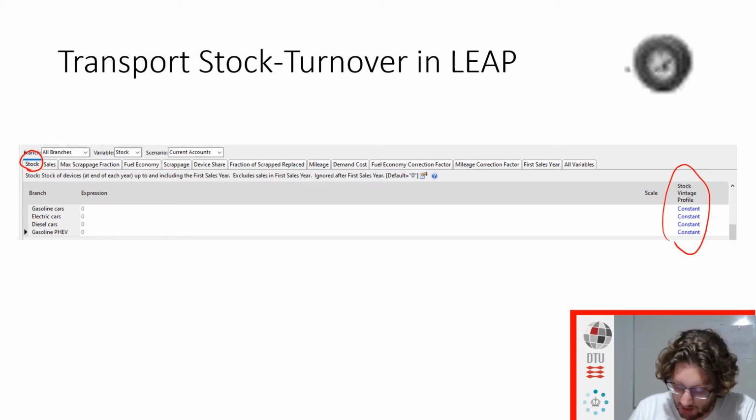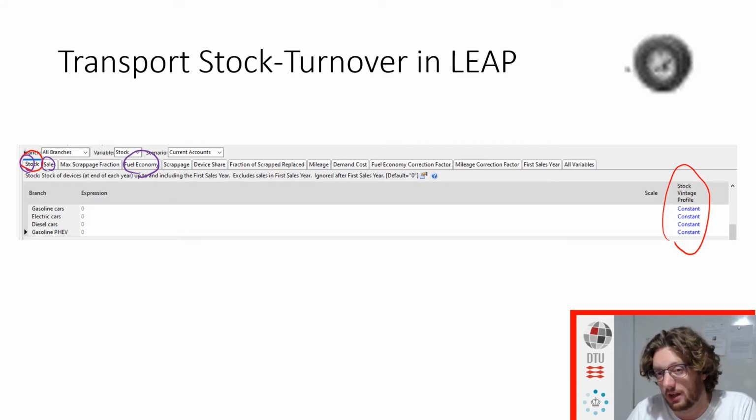The ones that have vintage profiles are stocks, sales, fuel economy, which you can see is basically the same as the final marginal energy intensity, but fuel economy is a vehicle term, so that's what we use here.